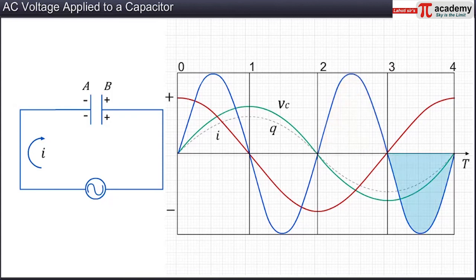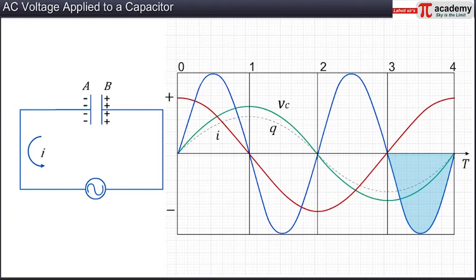In the last time interval, 3 to 4, the direction of current again reverses at 3. Thus, the charge begins to deplete from the capacitor plates, thereby reducing the effective voltage across the two plates. The voltage finally becomes 0 at 4. As the voltage is negative, while the current has become positive, it means that the power is negative.